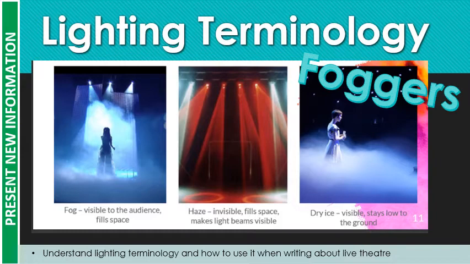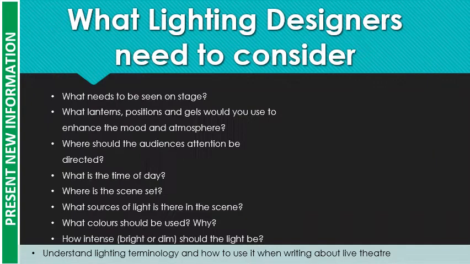It's usually watered down a little bit, which is invisible, fills the space, and makes the light beams visible. You can see in the second image in the middle. And dry ice. Dry ice is a type of fog that you can use, which is visible and stays low to the ground. So if you were doing a scene maybe on a frozen lake, dry ice would probably be a good thing to use to give you that effect.